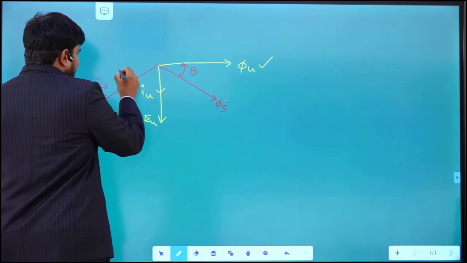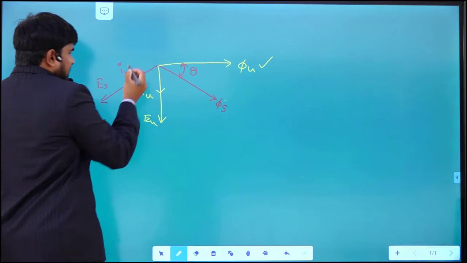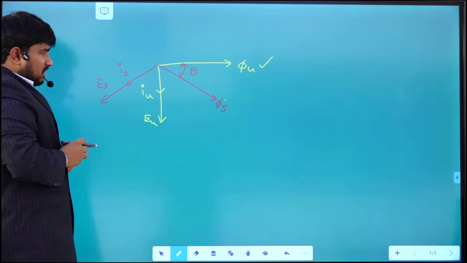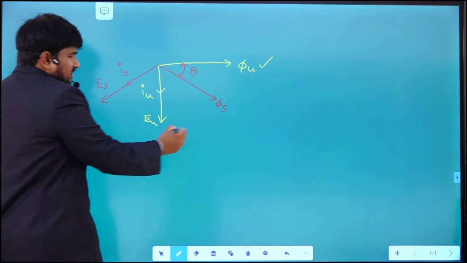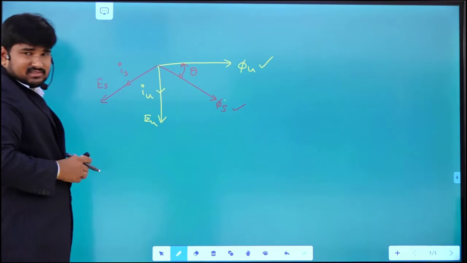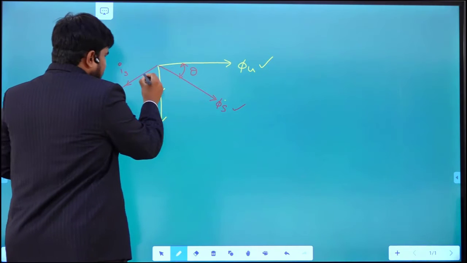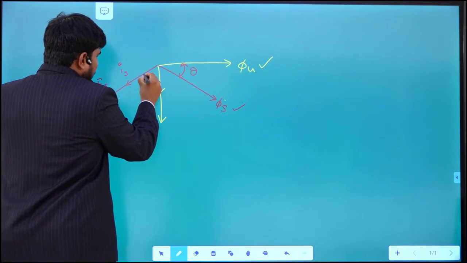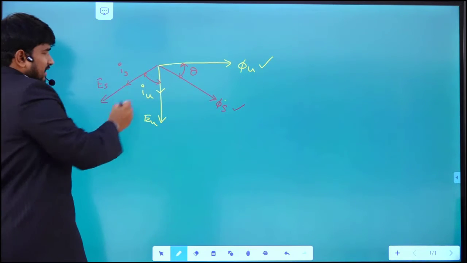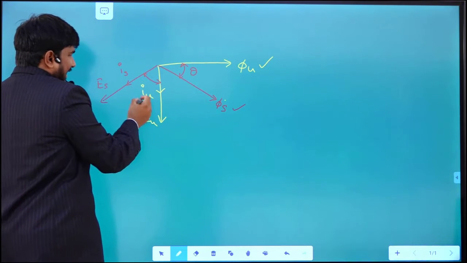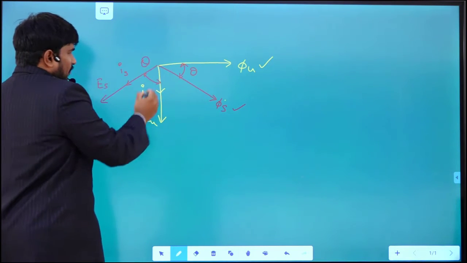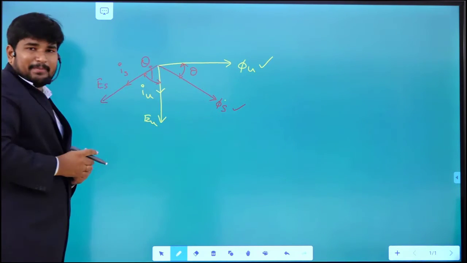Because of this Es, Is will be generated inside the disc. Now if you observe these two currents, similarly here also the angle between these two currents will be theta only.